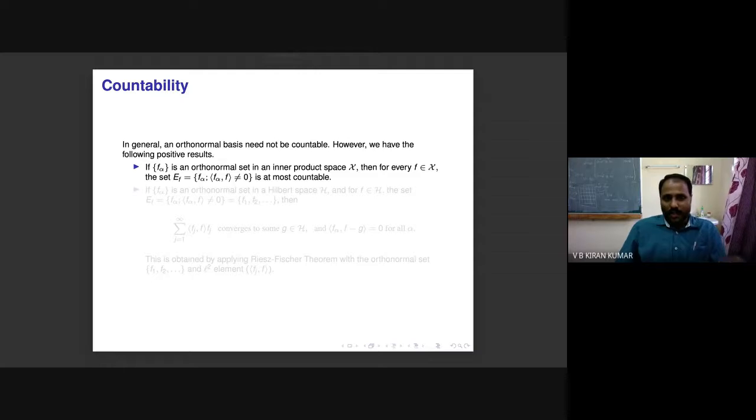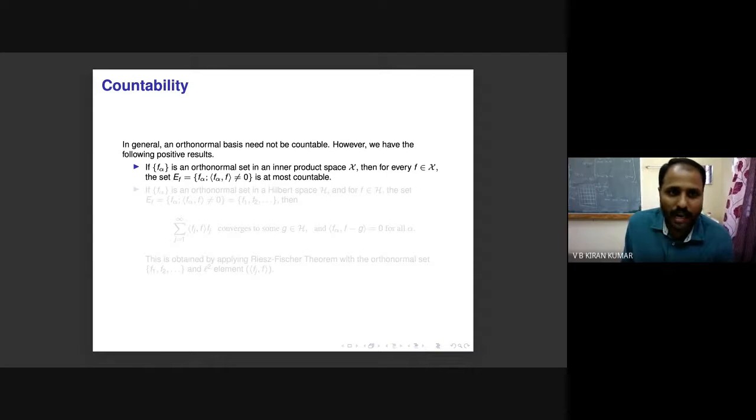Now, whenever I introduced a basis, whether Hamel basis or Schauder basis, I always bothered about its existence, its countability, and so on. Existence is obvious. Just as we proved the existence of Hamel basis, you can also prove the existence of orthonormal basis. So an orthonormal basis exists for every non-zero Hilbert space.